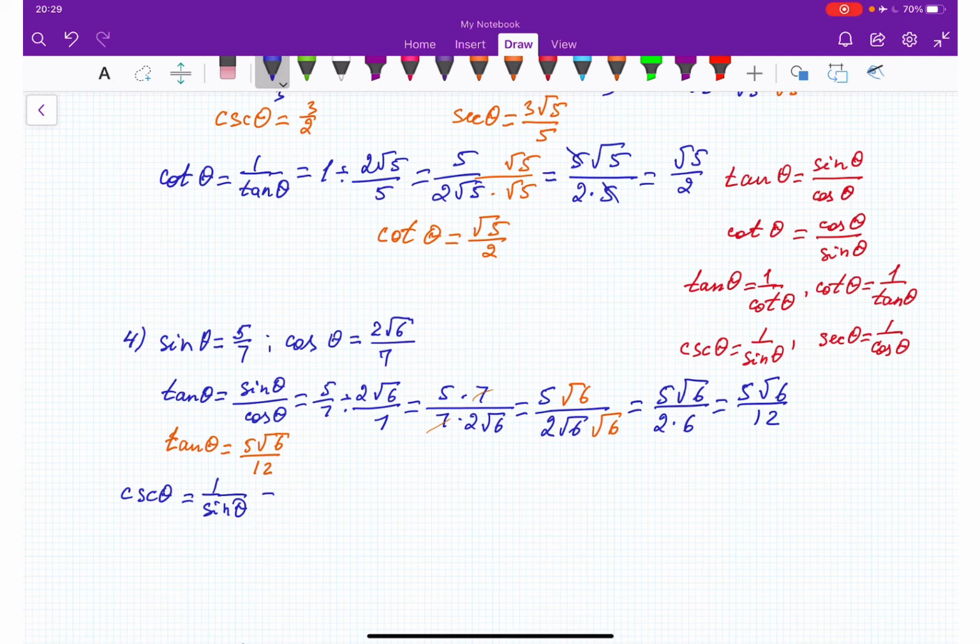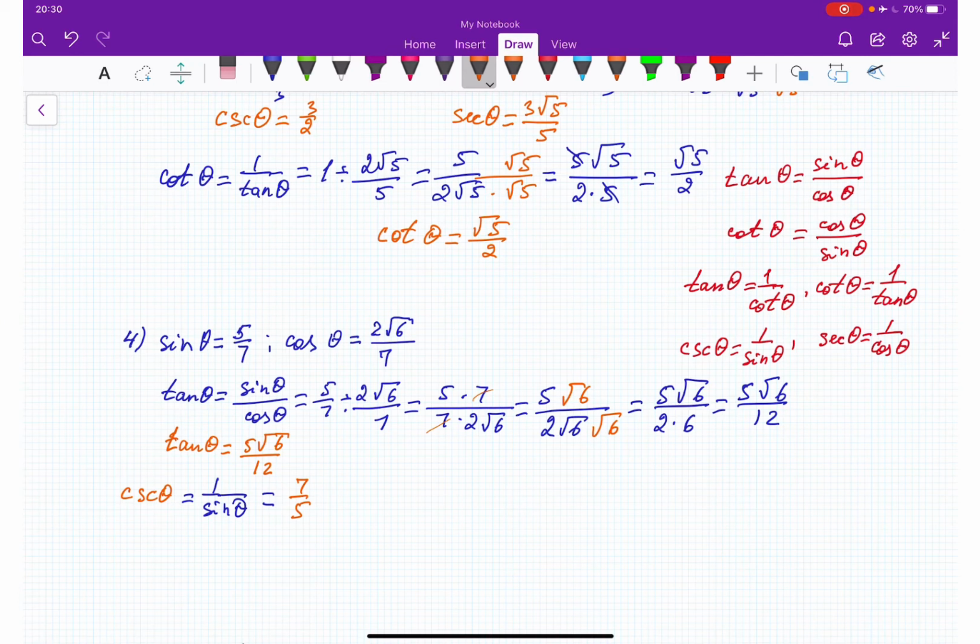Cosecant is equal to 1 over sine theta, so 1 over 5 over 7. I'm going to just flip it, it will be 7 over 5, because 1 divided by 5 over 7 gets 7 over 5. And we have here the answer. So let me change the color here, so you understand that this is the final answer.